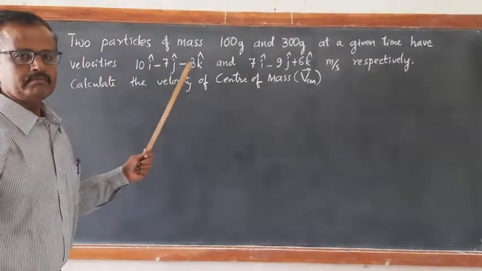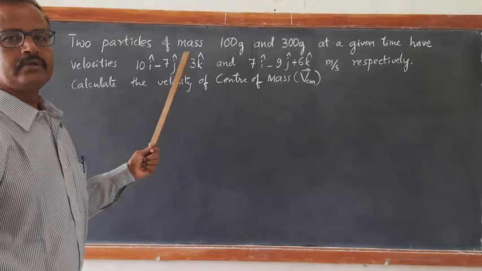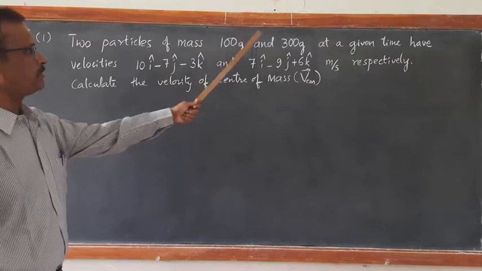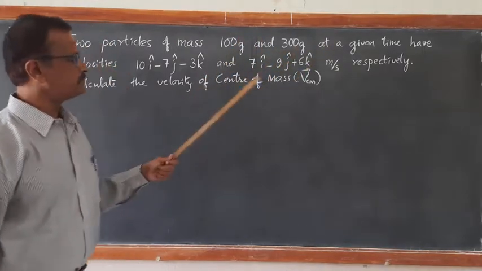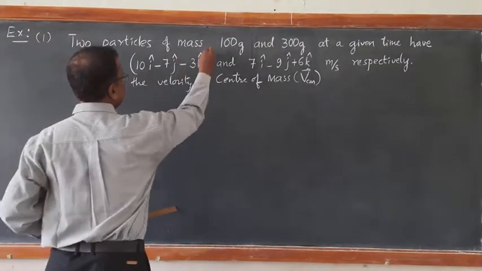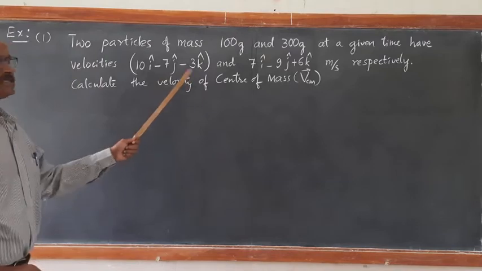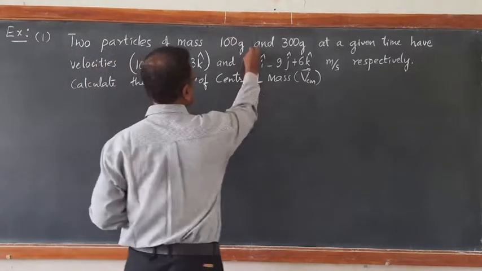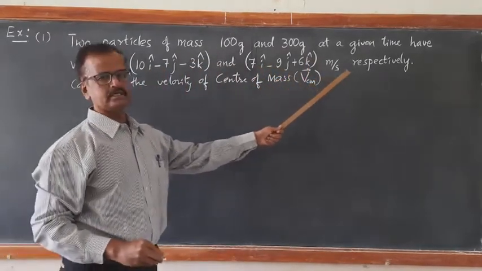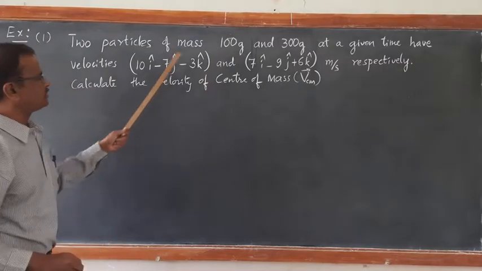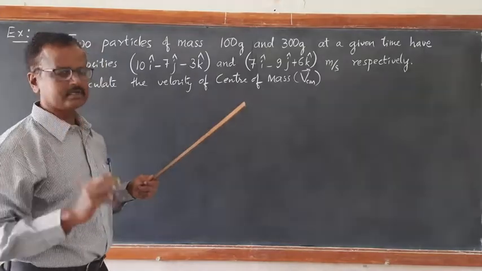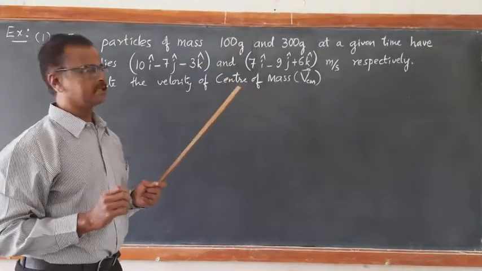This is a numerical problem based on calculation of velocity of center of mass. There are two particles of mass 100 gram and 300 gram. At a given time, they have velocities 10i minus 7j minus 3k meter per second and 7i minus 9j plus 6k meter per second respectively. This is the velocity of 100 gram and the second one is the velocity of 300 gram mass. Only two masses are there. It is a system of two particles.